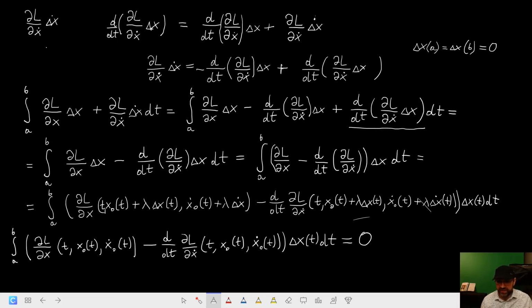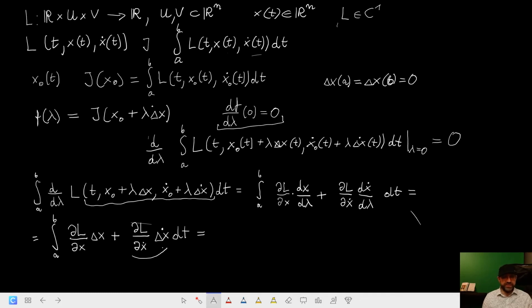Remember that this works for an arbitrary delta x, because whatever delta x will be chosen here for this function f, because the functional j has an extremum at point x0, at trajectory x0, whatever delta x we choose with this condition, this function will also have an extremum at 0.